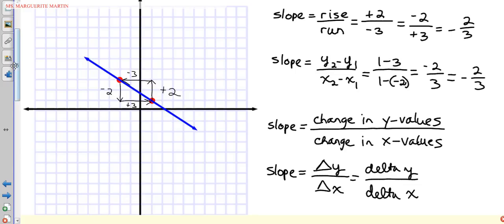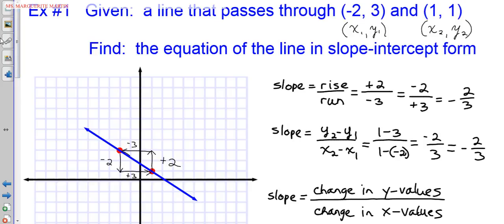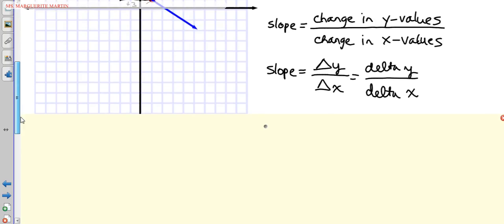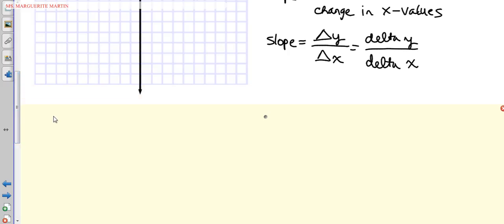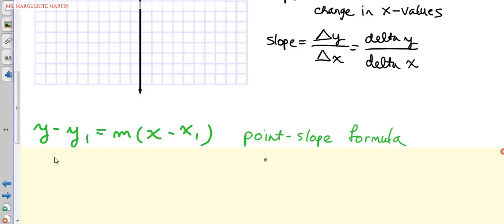All right, now, it said find the equation of the line in slope-intercept form. We're going to start with the point slope formula. I want you to write this in green. Y minus y sub 1 equals m times the quantity x minus x sub 1.